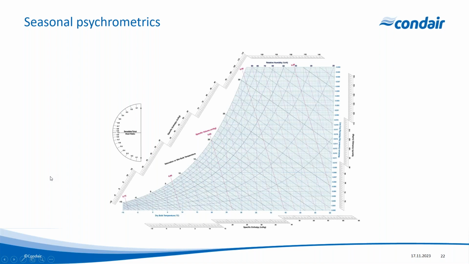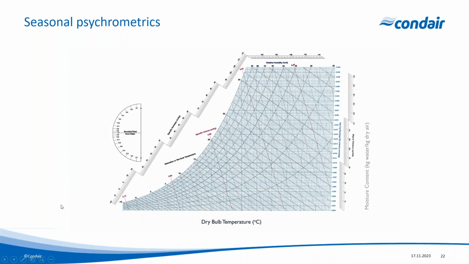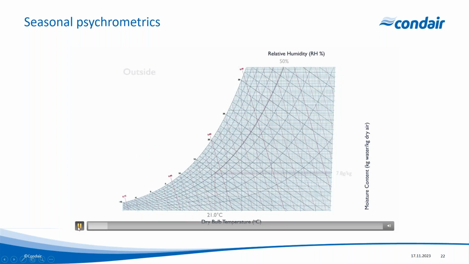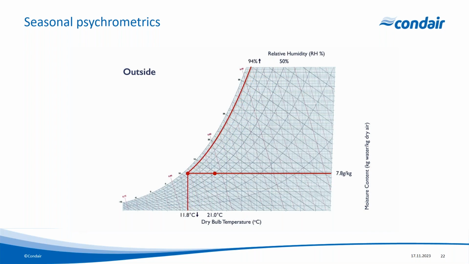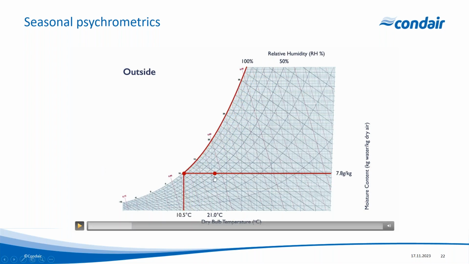So psychrometrically from the chart, we can plot out what is going to happen when we see a change in environment. If we have a dry bulb temperature of 21 degrees C, a relative humidity of 50%, and an absolute humidity of 7.8 grams per kilogram of dry air, if we cool that air down, the effect is that I get an increase in relative humidity.